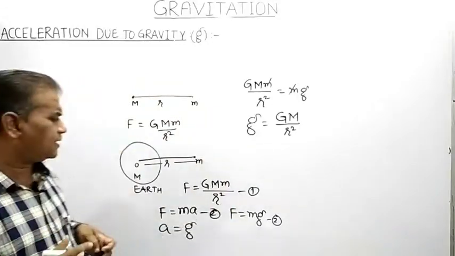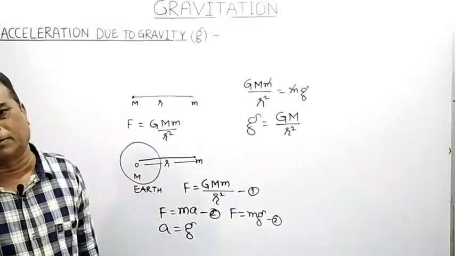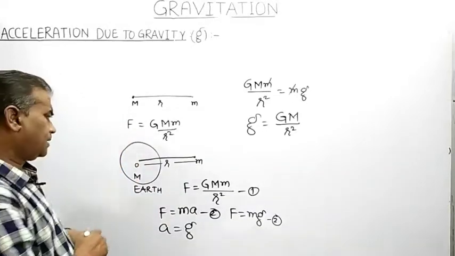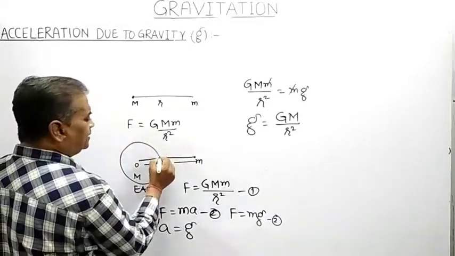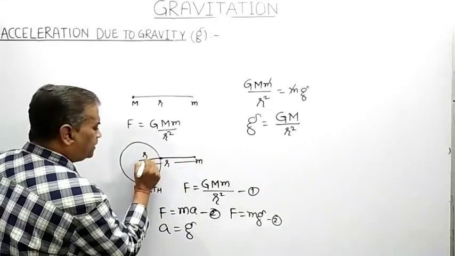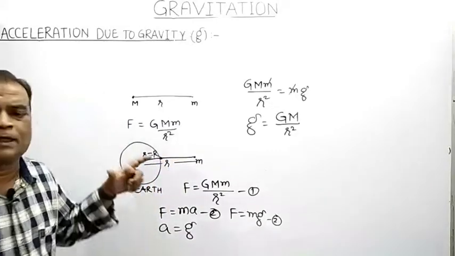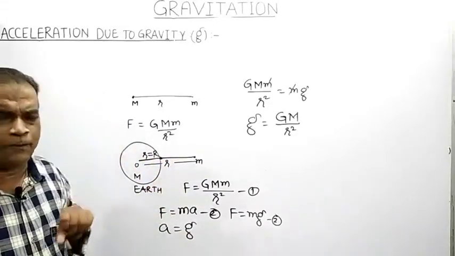Now here we had considered that the point particle is at a distance r from the center of the earth. In case that point particle is lying on the surface of earth itself, what happens to this distance small r? It becomes equal to capital R, where capital R is the radius of earth.